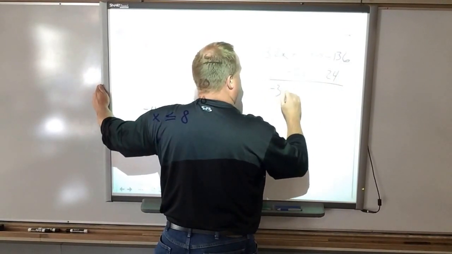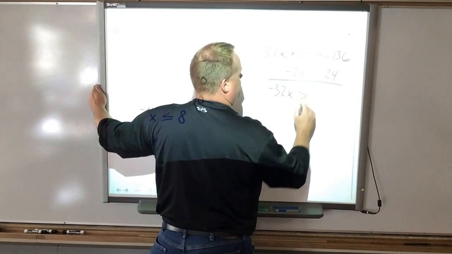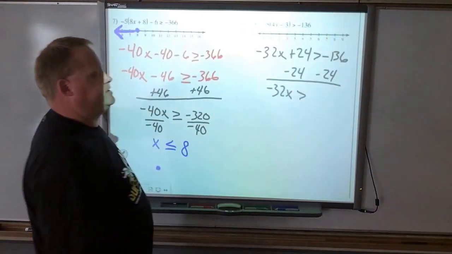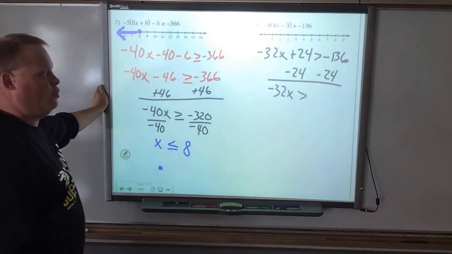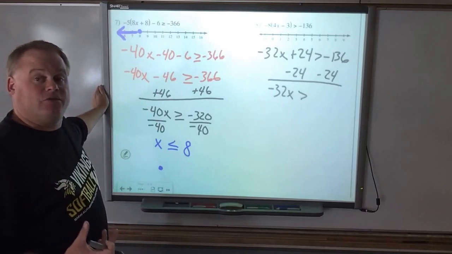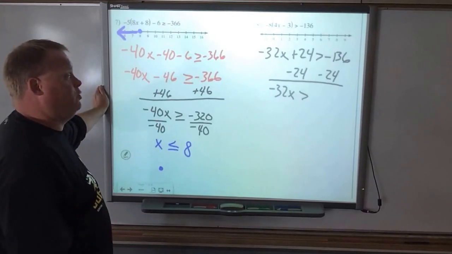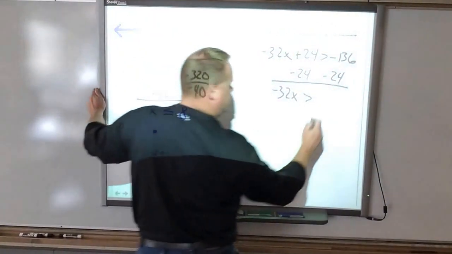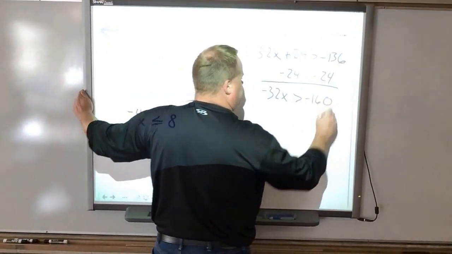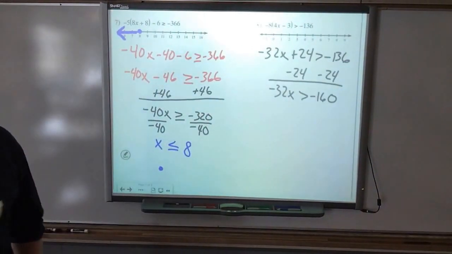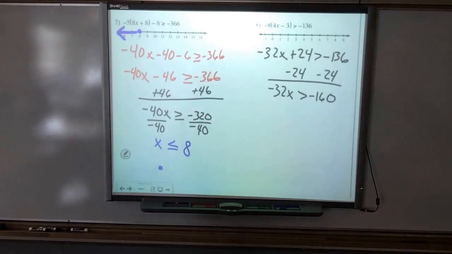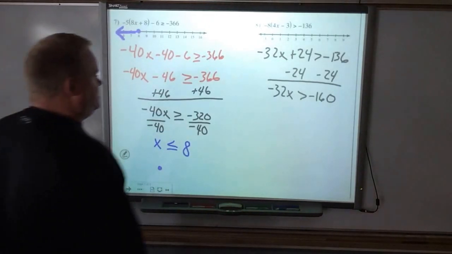So I'm left with -32x greater than, and -136 minus 24, that's the same thing as saying -136 plus -24. What is that? That's going to be -160, I do believe, off the top of my head. Let me check my calculator. Yep, I'm right. So it's -160.